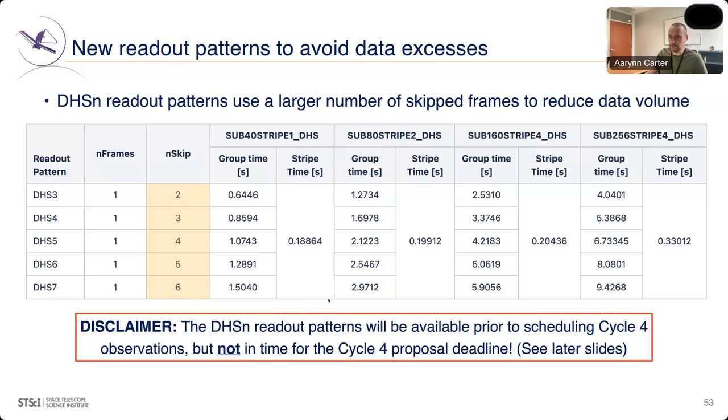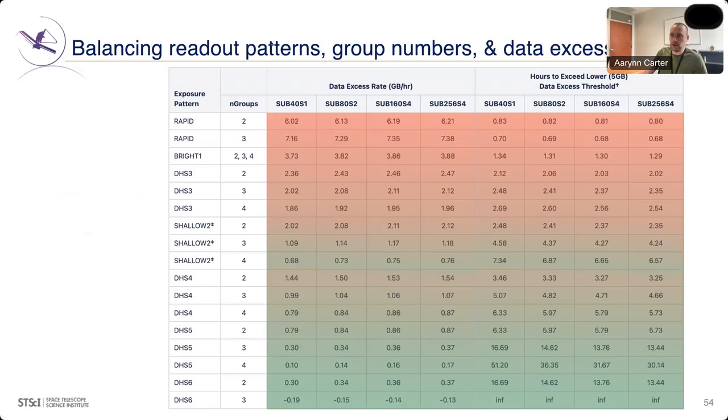So just to touch on saturation a little bit, we still want to balance this data excess and our reads against our long wavelength. Now, this chart here is quite big. I'll break it down for you. It's the exposure pattern we're using, the number of groups in that exposure pattern that we're applying to our integrations, and then the data excess rate we get in gigabytes per hour for the different subarrays.